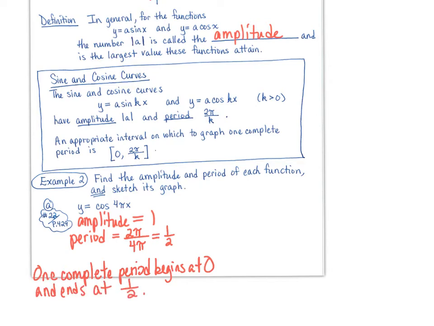Now, we know that. So what does that mean? When you are graphing this function, cosine of 4 pi x, that means one period should be between 0 and 1 half.